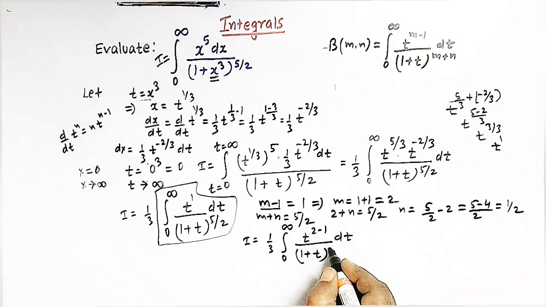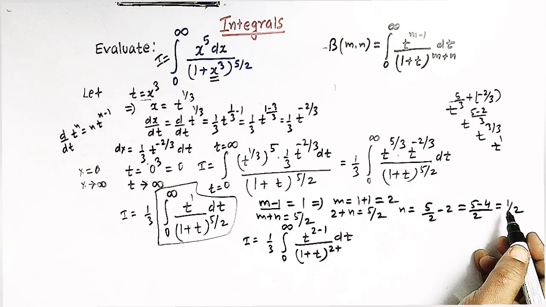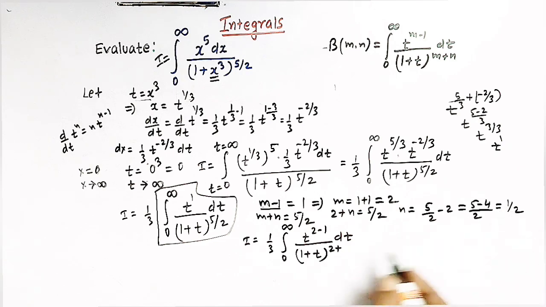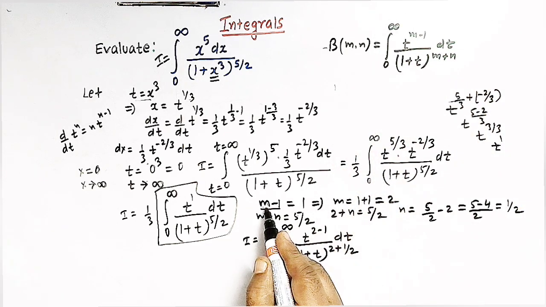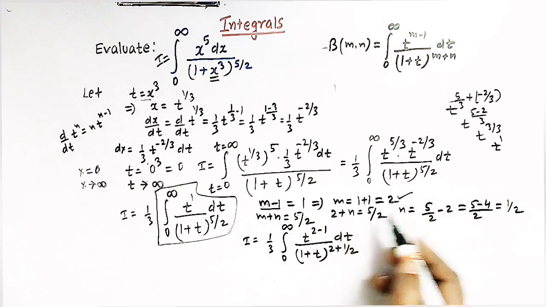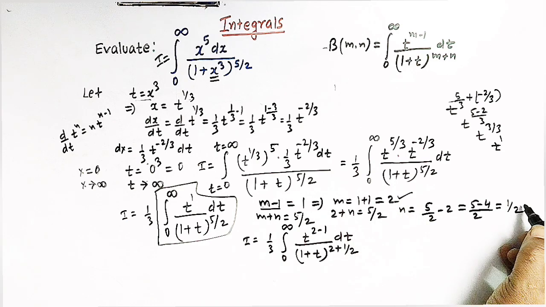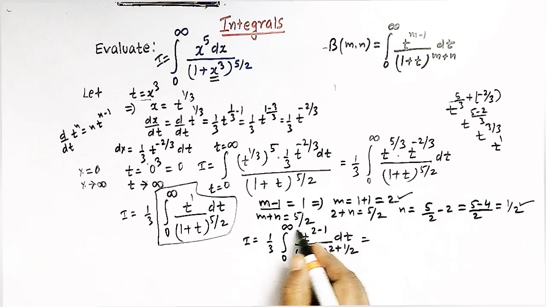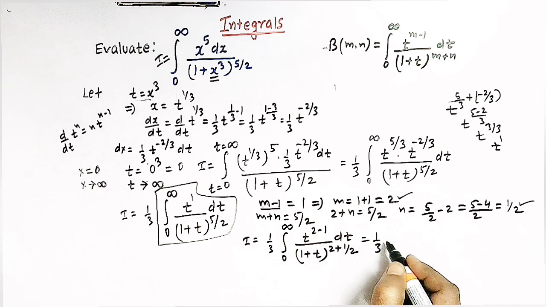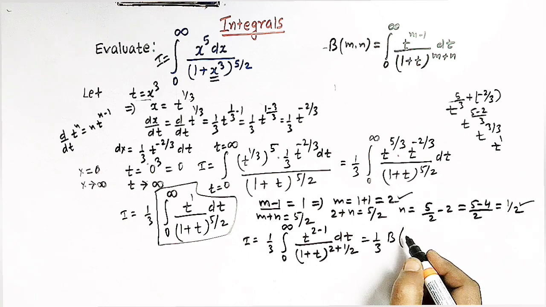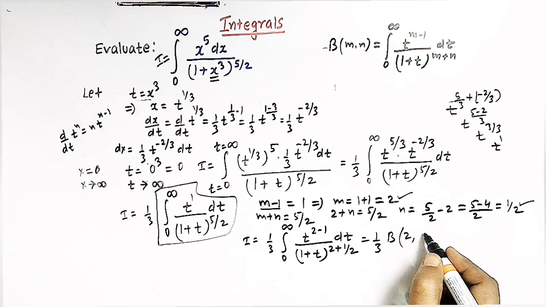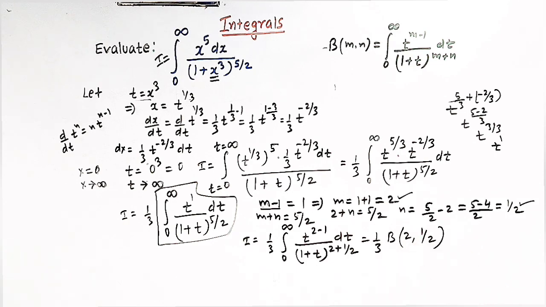M is 2, and n is given by half, right? So now this integral is exactly of this form. So now the value of m is 2, and the value of n is half. So this is our beta function. So we have 1 over 3 times the beta function m comma n. M is 2 and n is half.